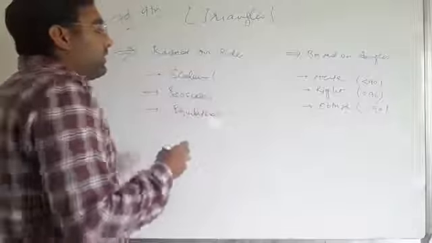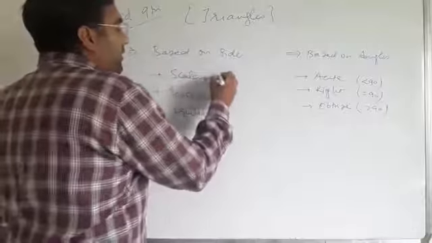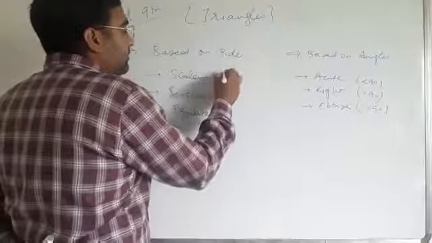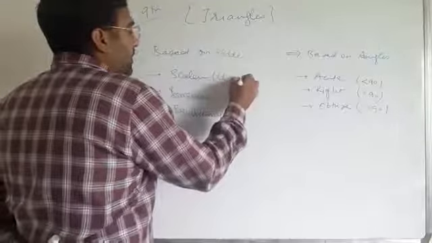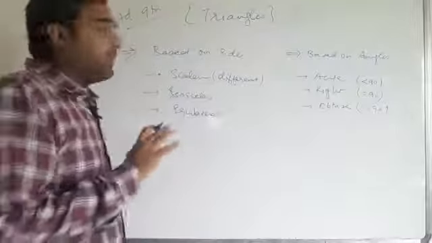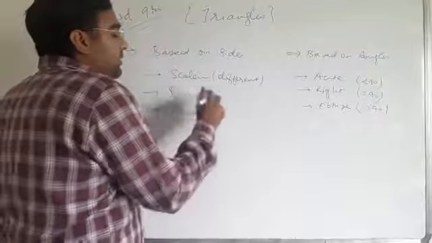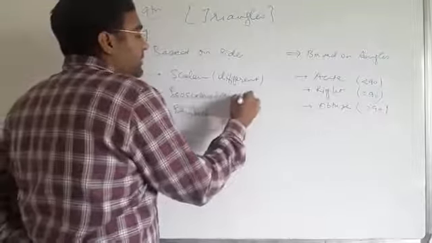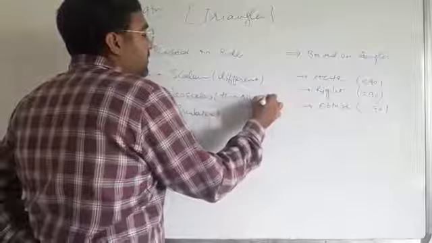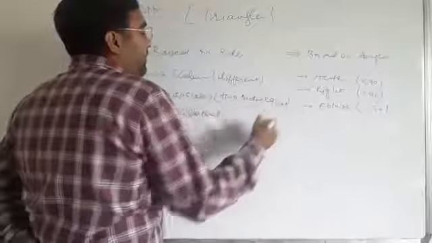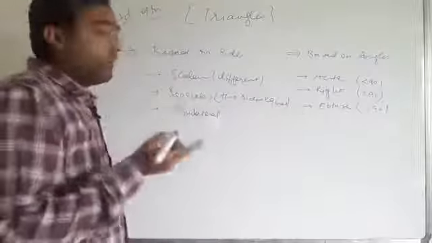In scalene, all sides are different; the measurements of all the sides are different. In isosceles, two sides are equal and one is different.